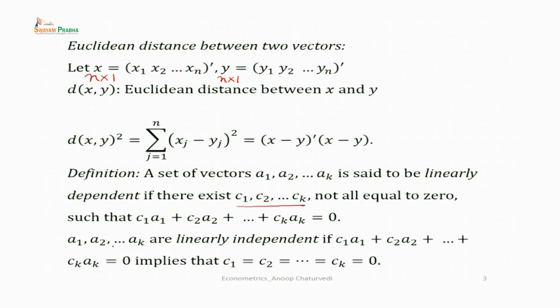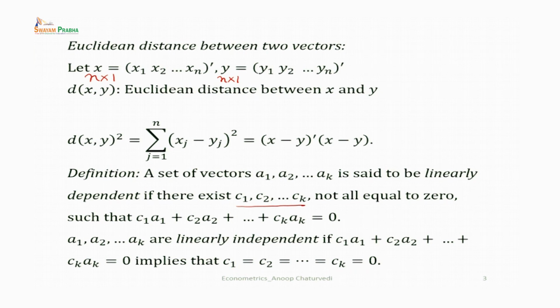Further, a1, a2, ..., ak are linearly independent if c1 a1 plus c2 a2 plus so on plus ck ak equal to 0 implies that all the constants c1, c2, so on ck are equal to 0.